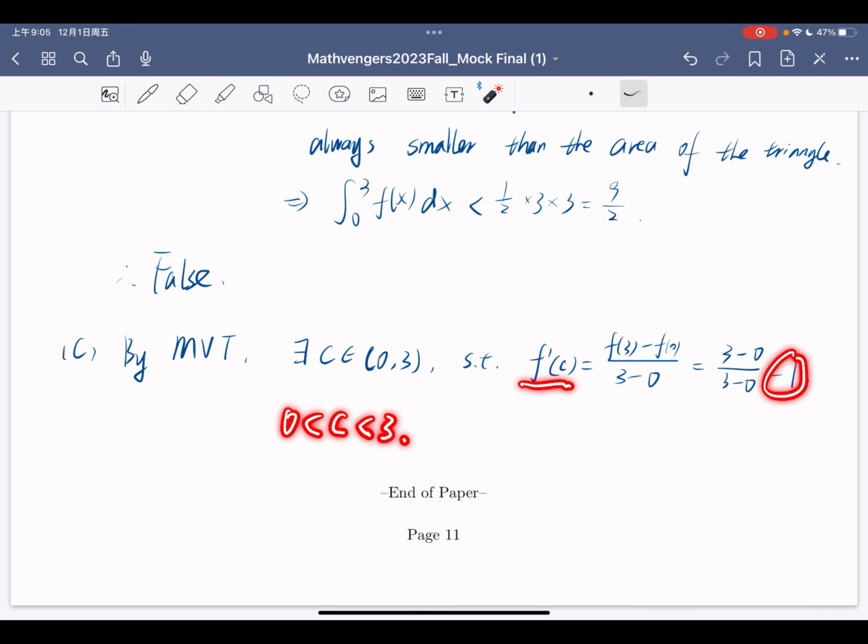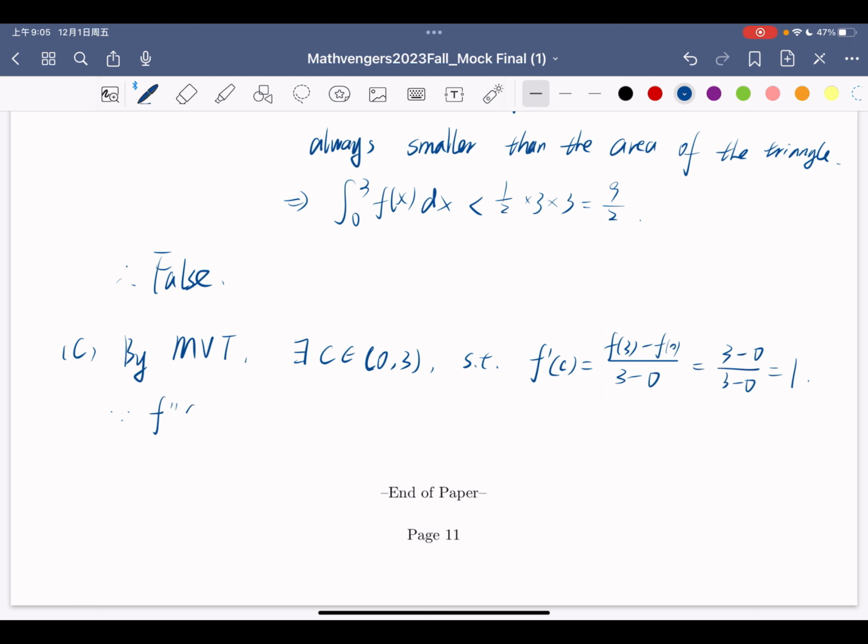This is equal to 1, which means for some c greater than 0 and smaller than 3, the first derivative is 1. And we know the second derivative is always positive, so the first derivative is always increasing.